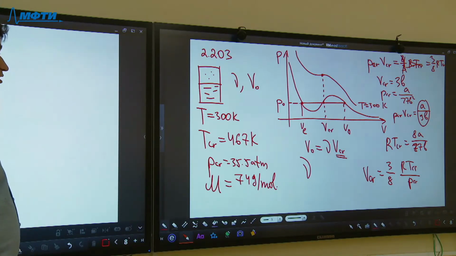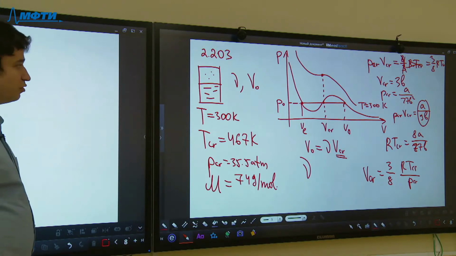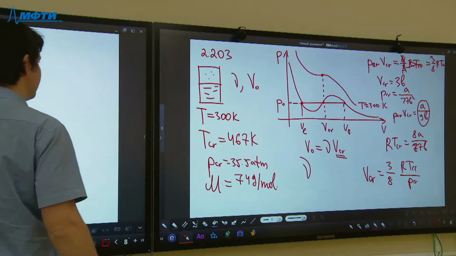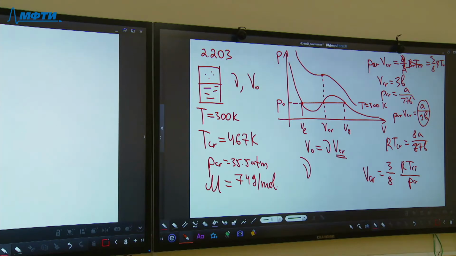It would be quite a complicated path because it involves solving a cubic equation, which is slightly difficult. So this is the first path, and the second path is much simpler.